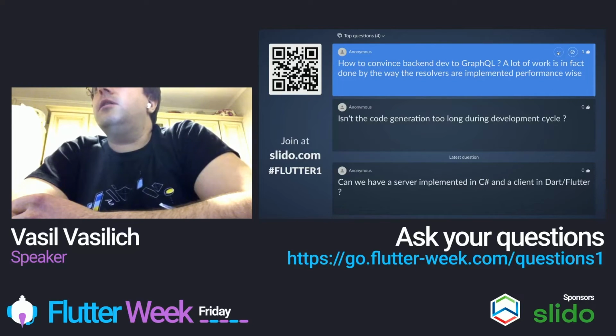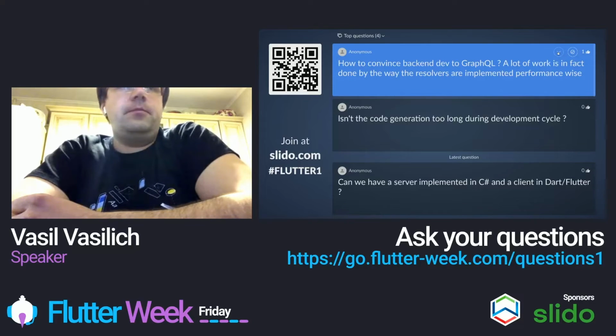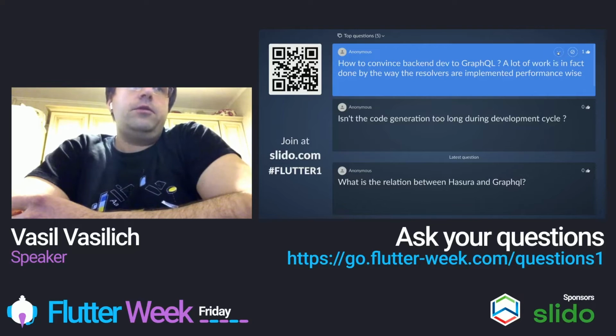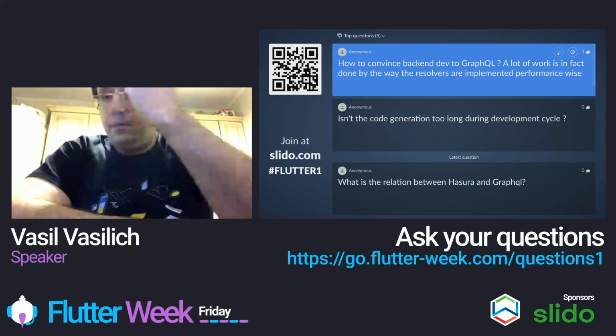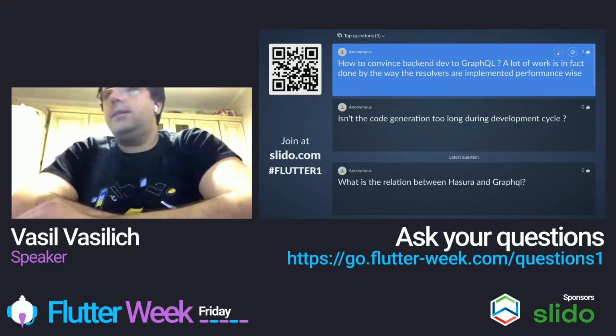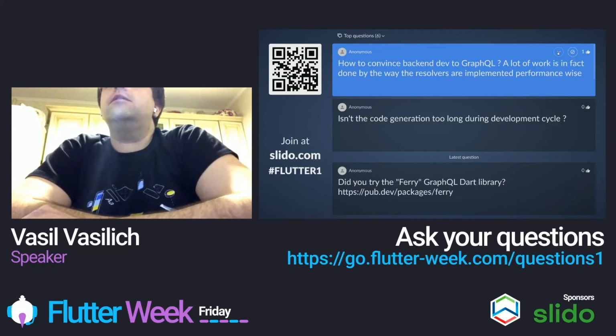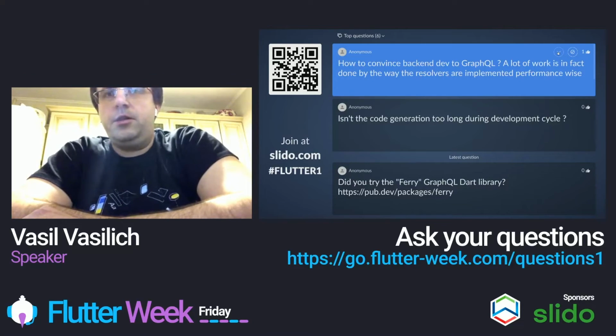How to convince backend devs to use GraphQL? A lot of work is in fact done by the way the resolvers are implemented, performance-wise. So, how to convince backends? Maybe you can challenge them. Maybe you can apply some soft skills. Maybe you need to convince not backends, but your manager.